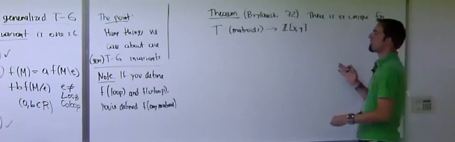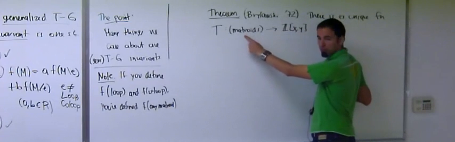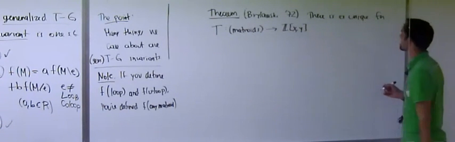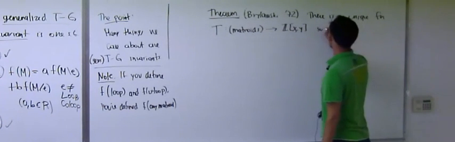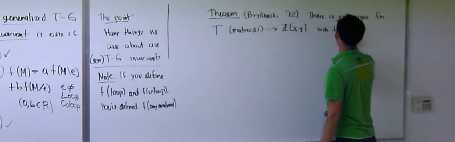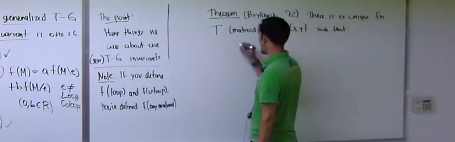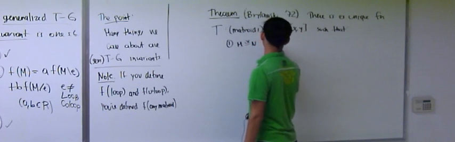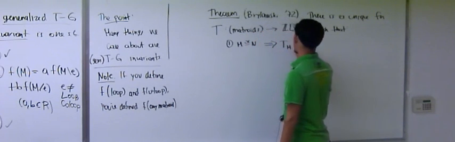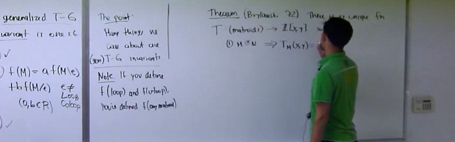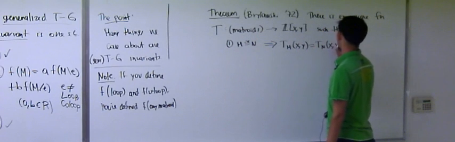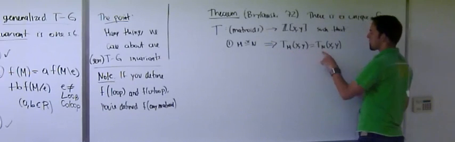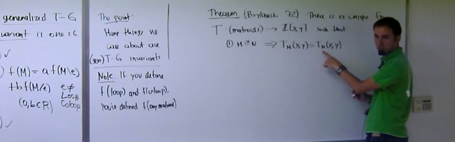In other words, for each matroid, you want a polynomial in 2 variables. This polynomial should satisfy, first, that if M and N are isomorphic, then they have the same polynomial. The polynomial in 2 variables that you assign to M should be equal to the polynomial that you assign to N.